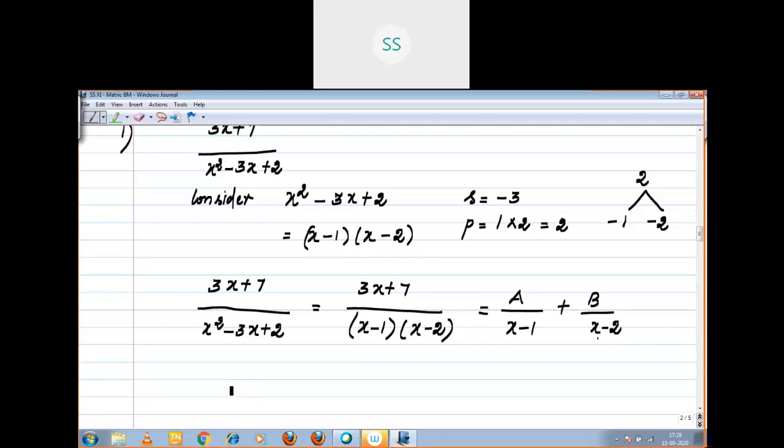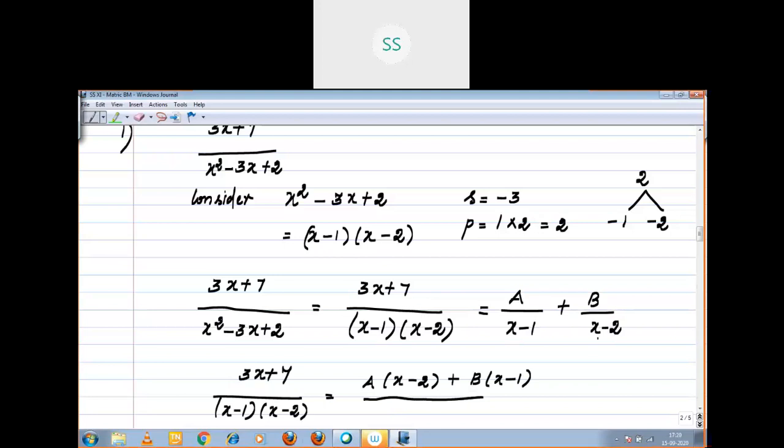Right? Now, we are going to equalize 3x plus 7 divided by x minus 1 into x minus 2 equal to a into x minus 2 plus b into x minus 1 divided by x minus 1 into x minus 2.